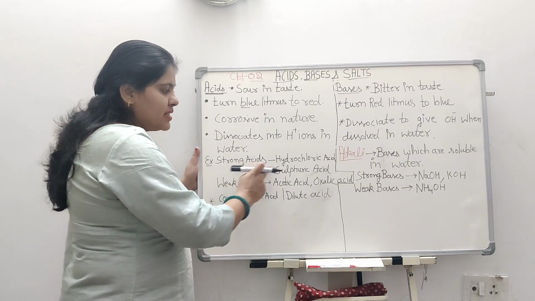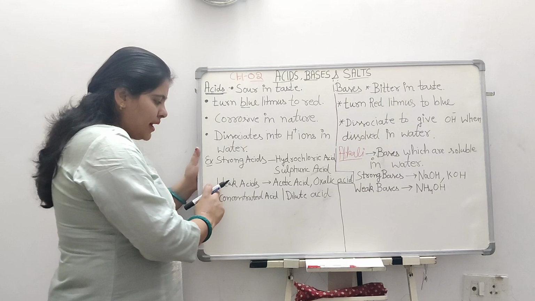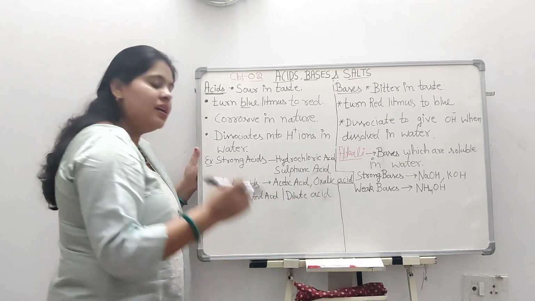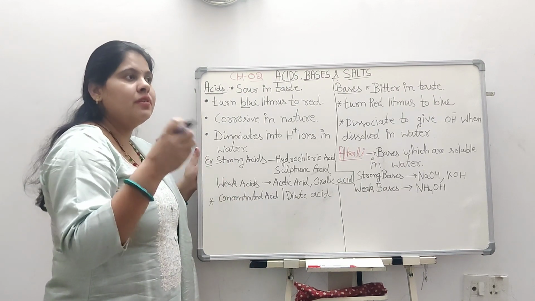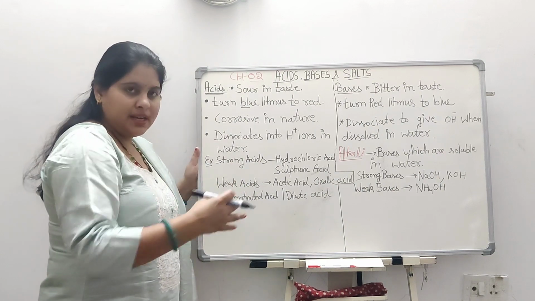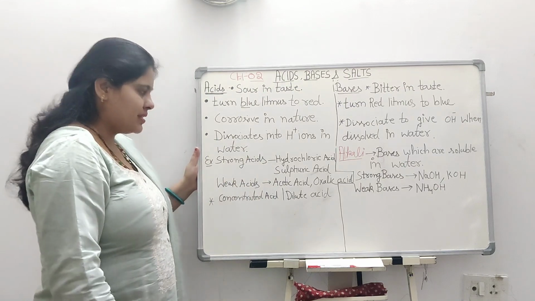Examples of strong acids are hydrochloric acid and sulfuric acid. Examples of weak acids are acetic acid and oxalic acid. Weak acids are the acidic substances which do not dissociate completely into ions when dissolved in water.